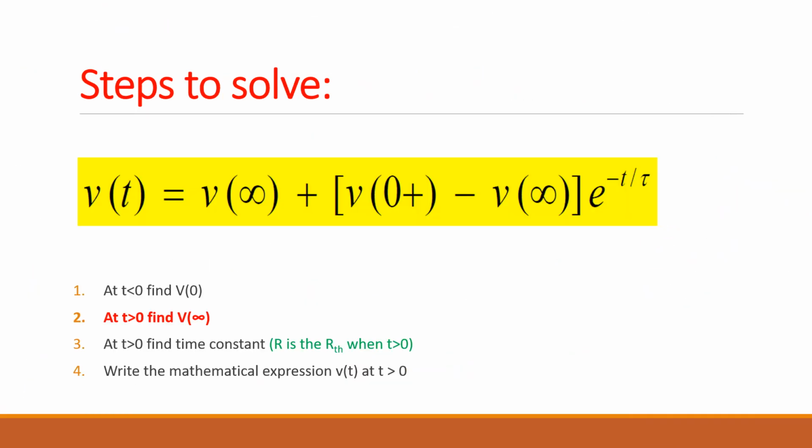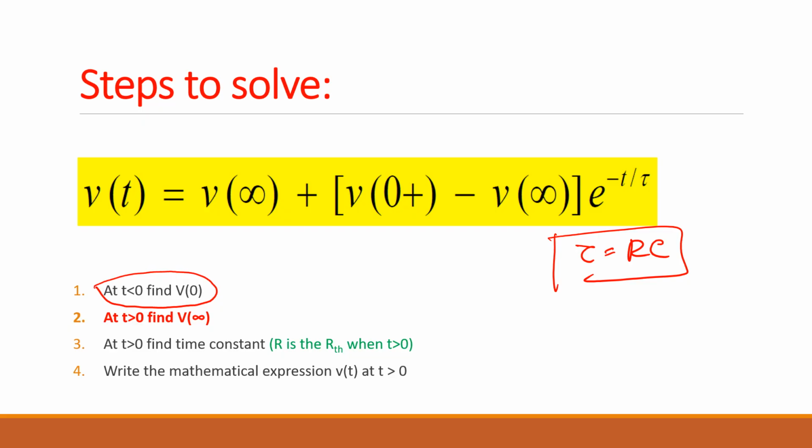So this is the summary, okay? You get this equation, and also you get another one for tau. Tau is equal to RC for RC circuits. You can find V naught by using the circuit when the time is less than 0.